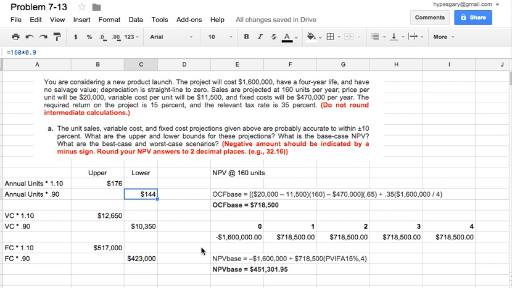Once I had the upper and lower limits, I then focused on doing the net present value calculations for the base information. We started out with 160 units, that's the base. We also had variable cost of 11,500 as a base, 470,000 as a fixed cost, and our sales of $20,000 per unit.